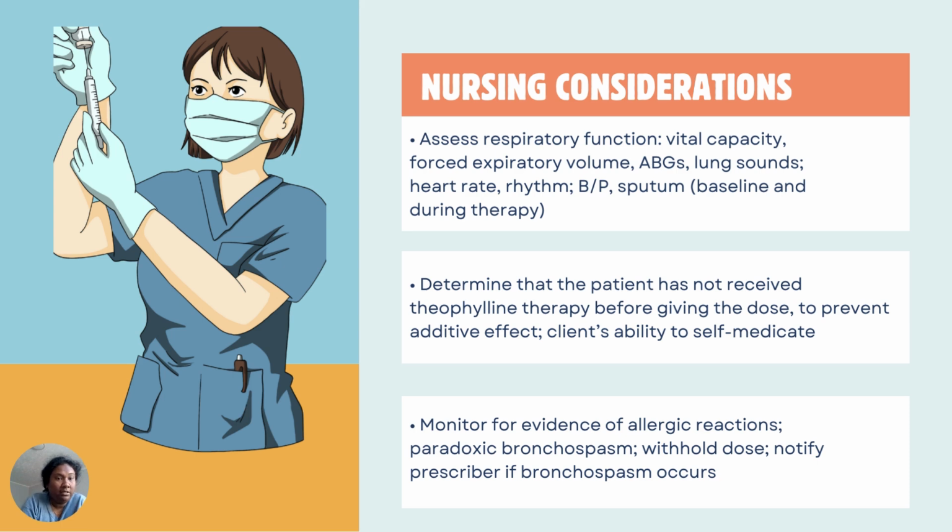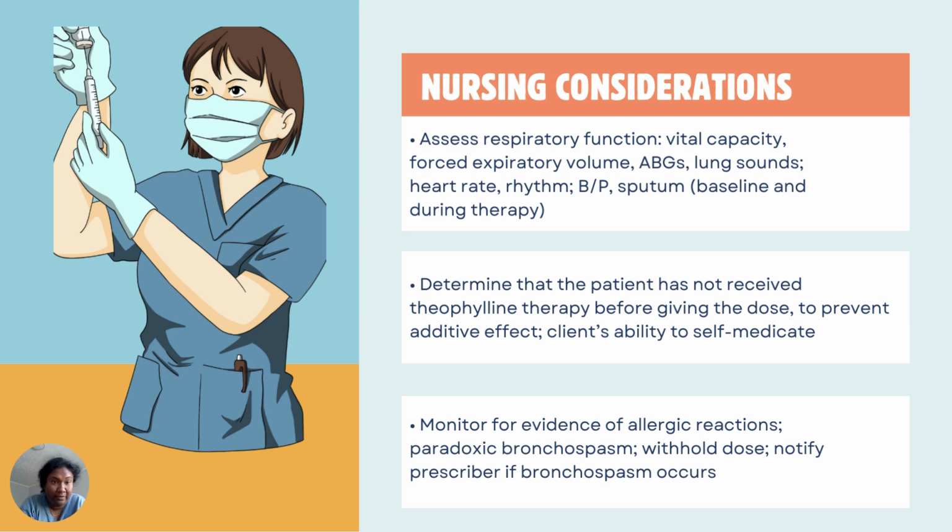All right. So the second category: determine that the patient has not received theophylline therapy, because if they are already on theophylline therapy, the addition of albuterol treatment could cause an additive effect. That is, when you're already on theophylline, you have certain adverse effects that include dizziness, palpitation, tremors, and all those side effects.